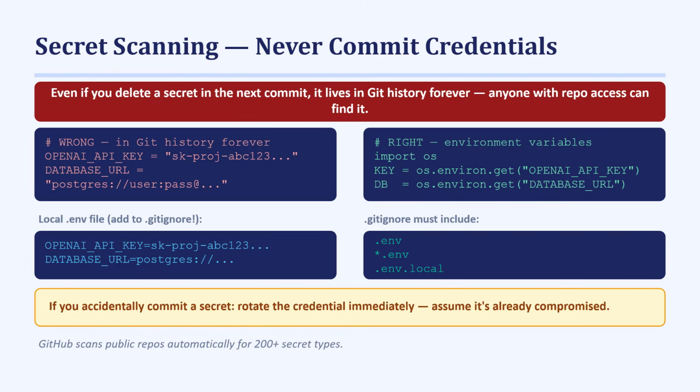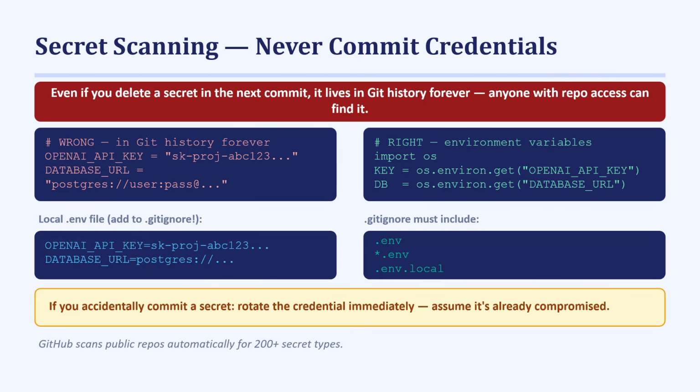The other thing I want to talk about here is secret scanning. So we want to make sure that we're never committing credentials. Really, before we talk about the pipeline, a secret in this context is any credential that shouldn't be in source code. So API keys, usernames, passwords, right?